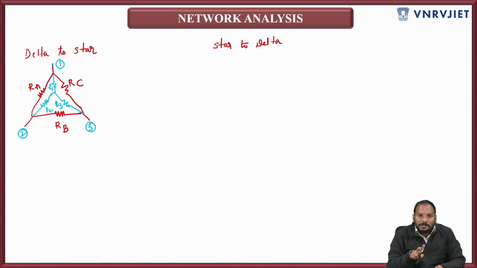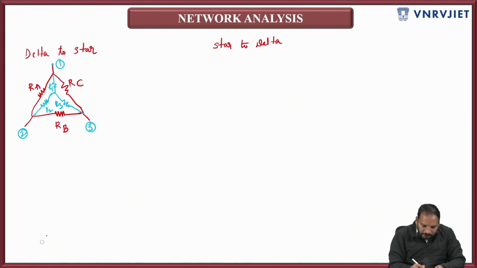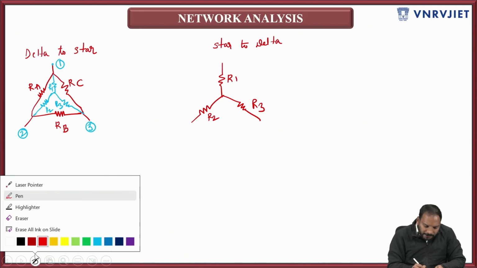Then what is the relationship between RA, RB, RC and R1, R2, R3? Before going to those relations, I would like to continue with the star to delta connection as well. Star means R1, R2, R3 will be given.